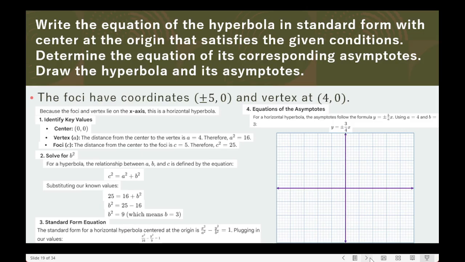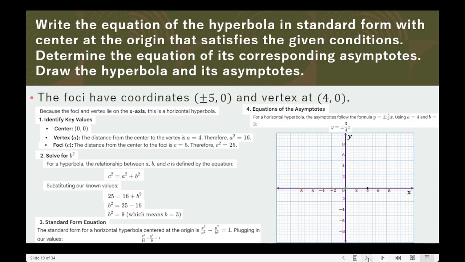Then we prepare the Cartesian coordinate system, or the Cartesian plane. We have the two coordinate axes, so you label some coordinates on the x-axis and also on the y-axis. Then we plot the center, which is obviously at the origin, 0, 0.